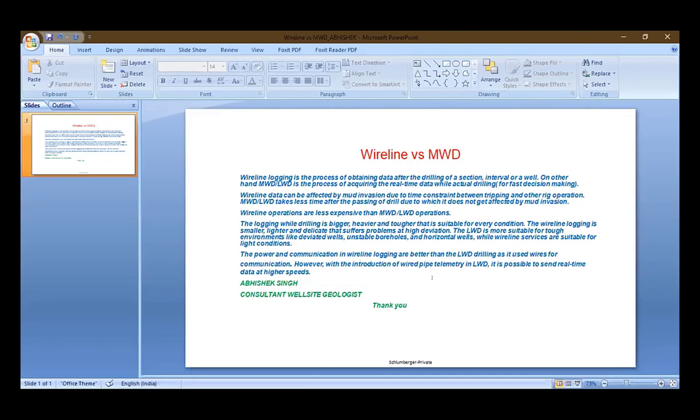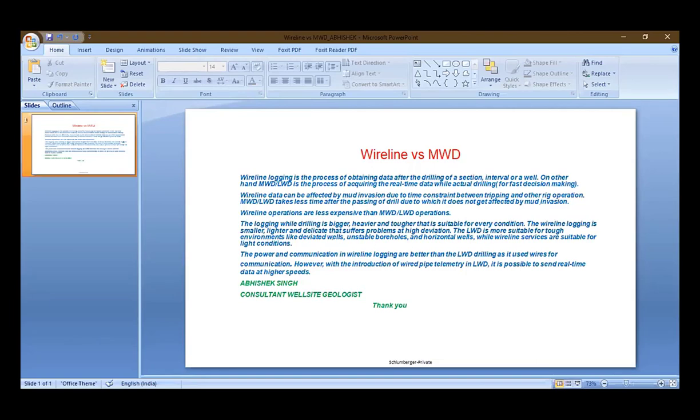We have faster decisions with the use of advanced MWD tools. And wireline data can be affected by mud invasion due to the time gap between tripping and other rig operations. MWD, LWD takes less time after the passing of the drill bit, due to which it does not get affected by mud invasion.